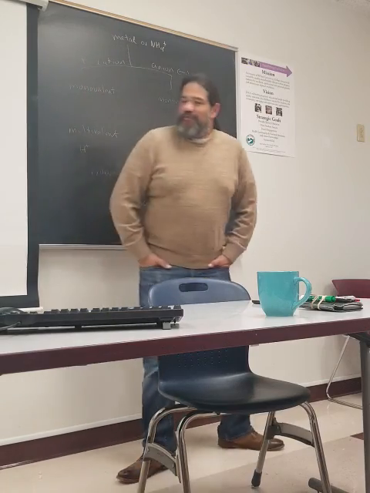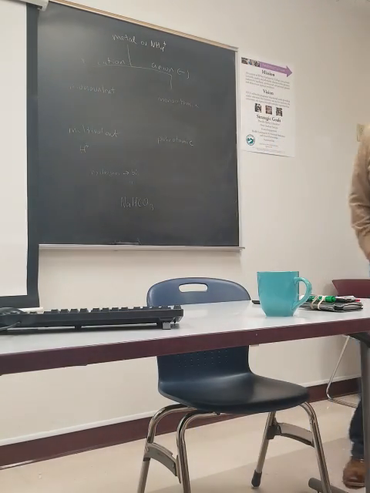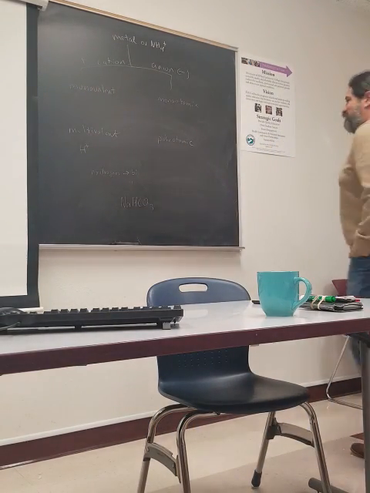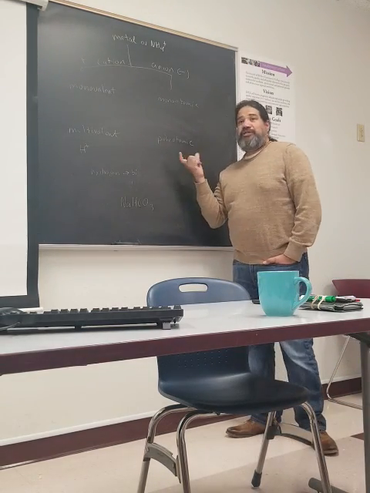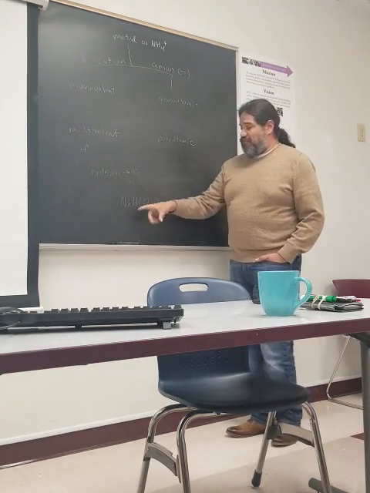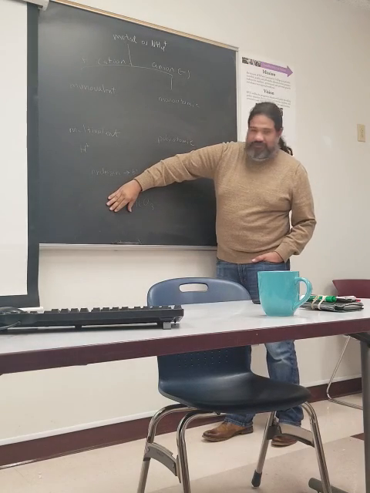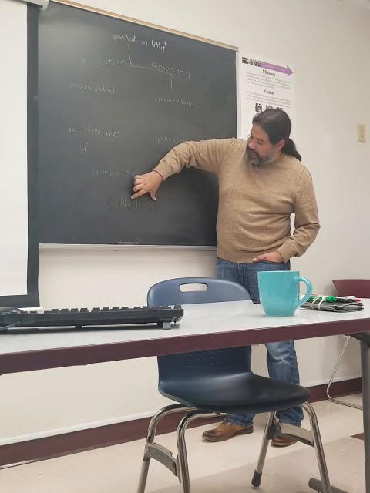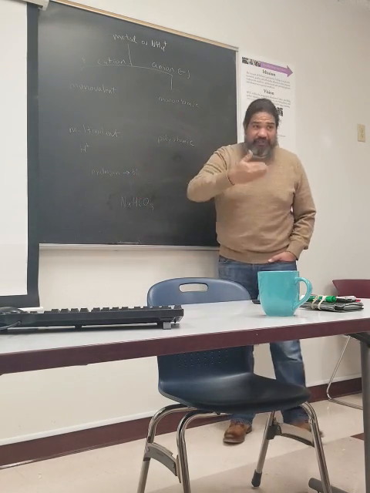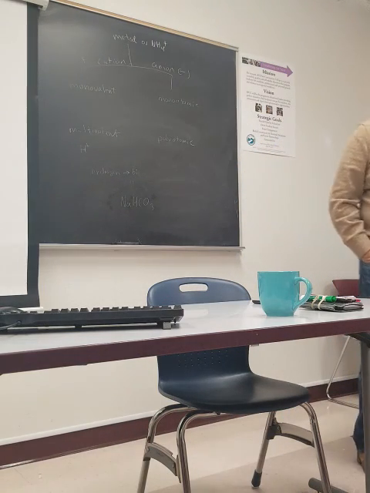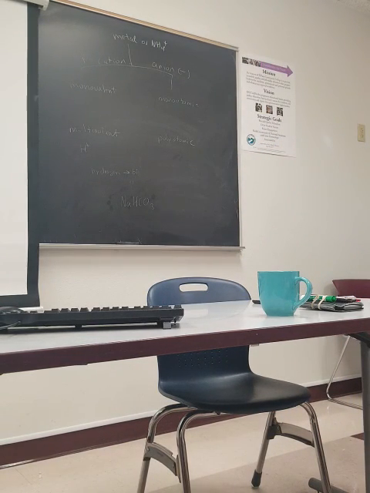So, when writing formulas or names for those that contain these polyatomic groups, look at everything that comes after the metal. Look it up on that handout. And whatever name that handout tells you it is, that's exactly the name that you write down. Do not change it, do not modify it.